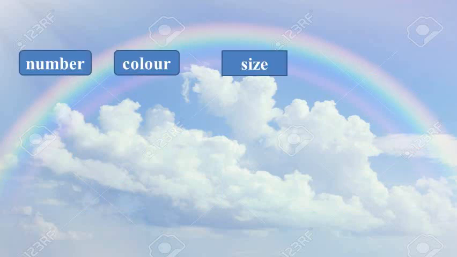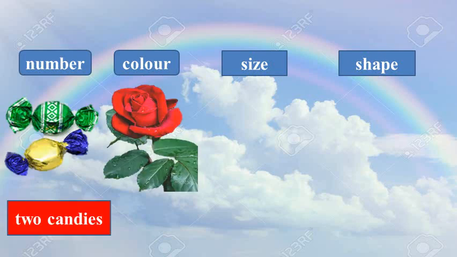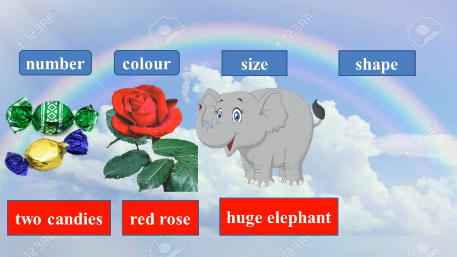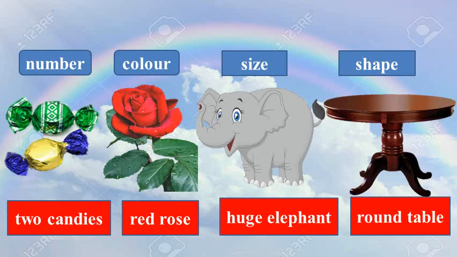Adjectives tell us more about the number, color, size, and shape of the nouns. Number, like 2 candies. Color, like red rose. Size, like huge elephant. Shape, like round table.